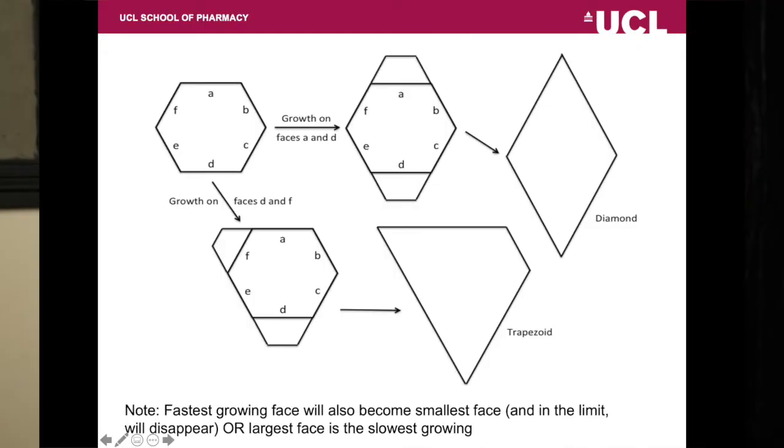So we're going to get different crystal habits, because growth on different faces changes depending on the solvent you're growing in. Now, if you're not following that, that's totally fair, because it is a tricky concept. There's an example on the slide which I've nicked from the textbook to show you what happens if you get preferential growth on different faces.